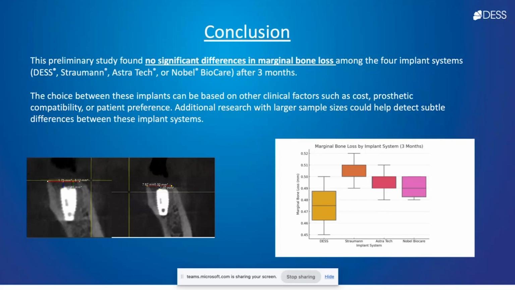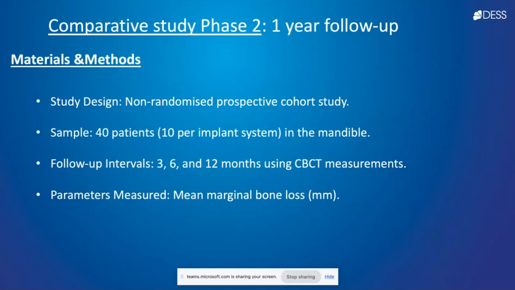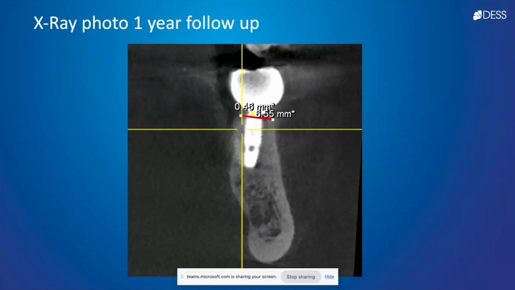That's why it was very nice. But this is not enough for a 3 months follow-up, so we planned to take it further. We made a follow-up after 6 months, and then after almost 1 year, and we even assessed the bone quality and the amount of crestal bone loss after prosthetic delivery.